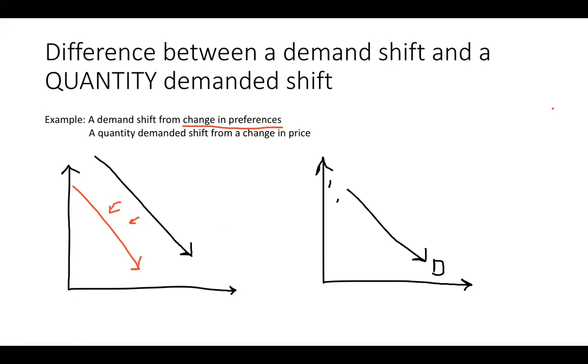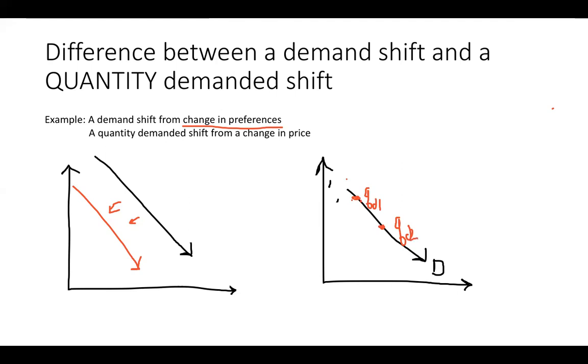And instead of shifting this entire demand curve, we're just going to look at the change from one point on this curve to another. So we'll start here, and then we'll go down to here. So this is quantity demanded 1. And this is quantity demanded 2.